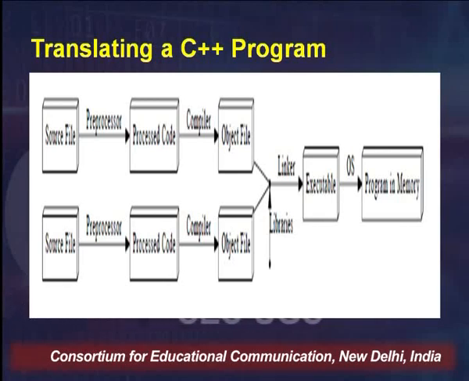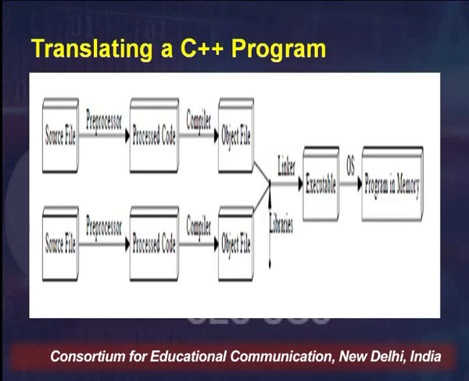So source code, processed code, then object file plus libraries, and then the final executable code .exe is generated, and then it is given to memory to be stored.